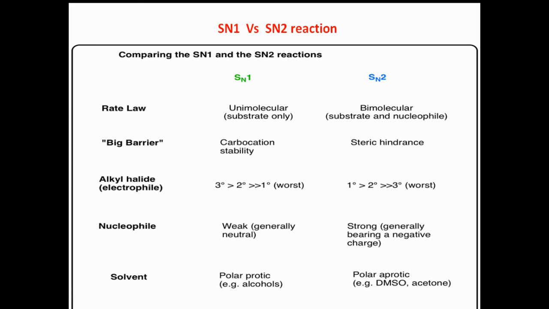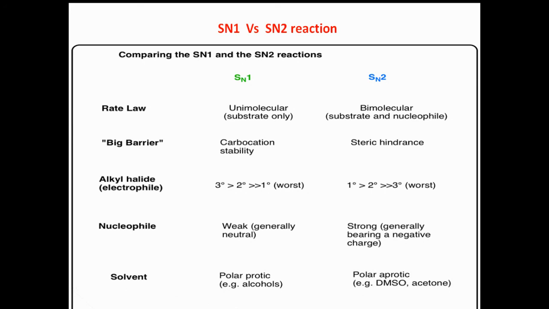And the final point is stereochemistry. As we know, in SN1 reaction a carbocation is formed as the intermediate. So the shape of the carbocation is planar, where the nucleophile can attack either from the front side or from the back side. Therefore, we get two products. One will be with retention and the other will be with inversion of configuration.